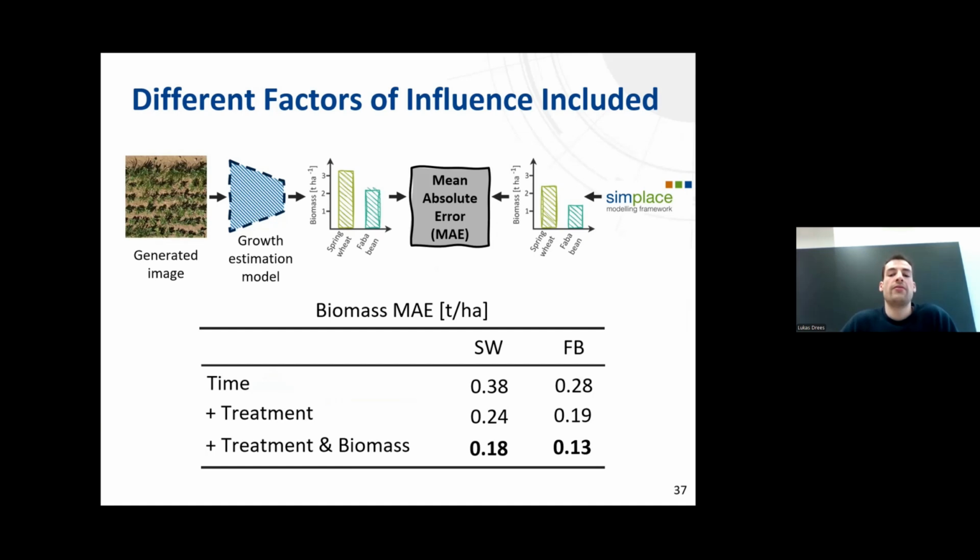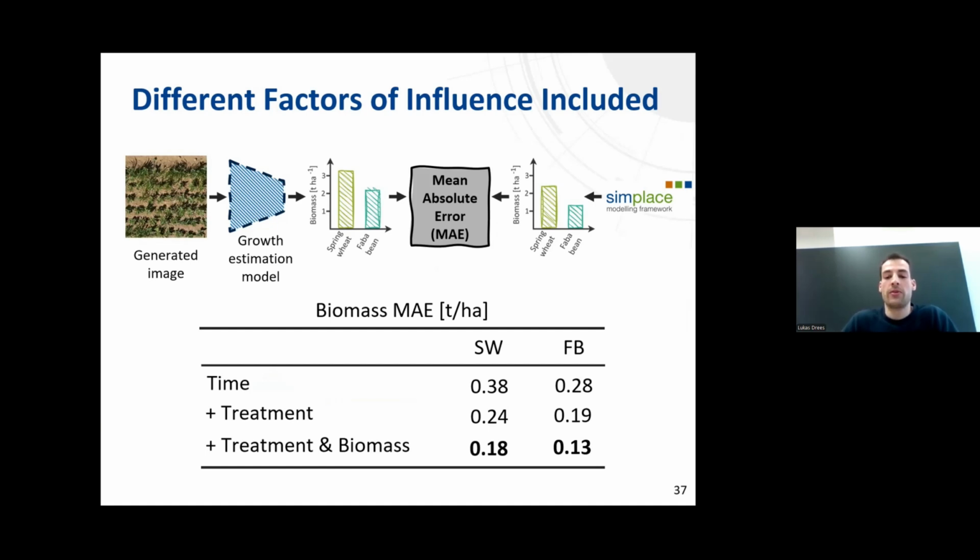We also investigate if the image quality benefits from multimodal conditioning. And for this, we take the growth estimation model from the beginning and just regress the biomass from the images. And we do this also for the generated images and for the reference image. And then we just compare and calculate the mean absolute error.